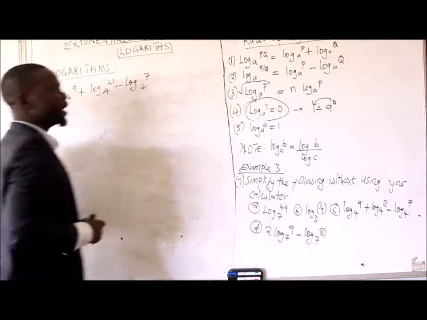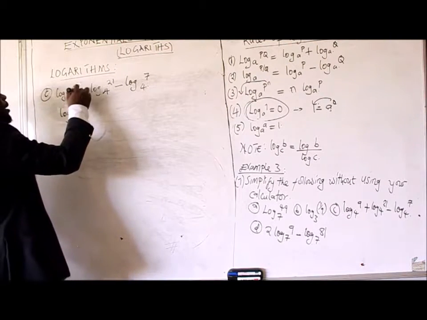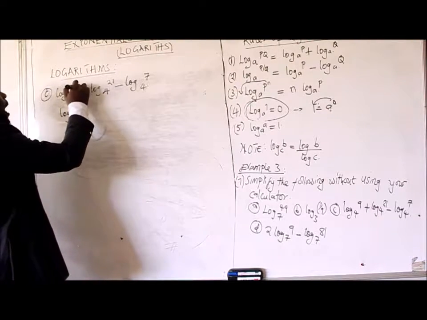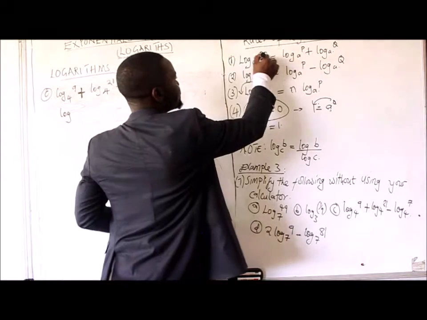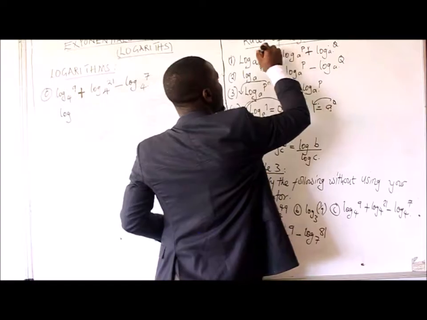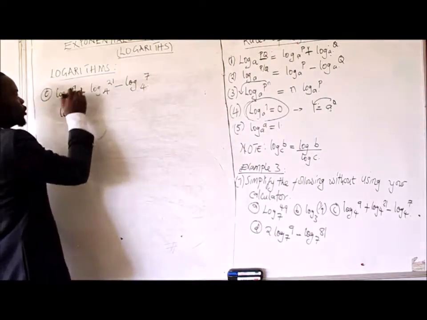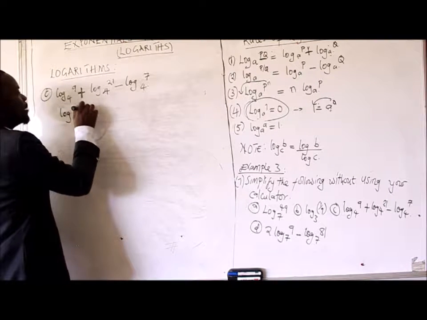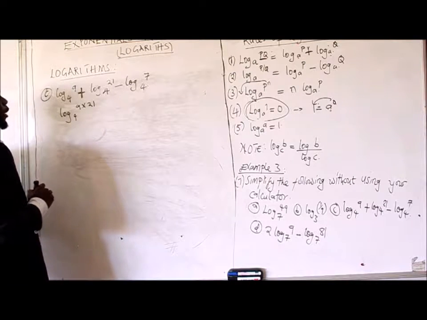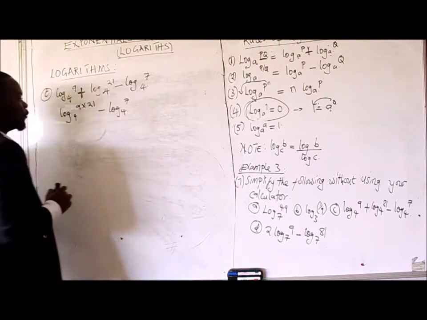Using rule 1, since here we have an addition, we multiply our powers, which is PQ, and this is base A. So we are going to have 9 times 21, and don't forget that we have got base 4 here, minus log of 7 base 4.